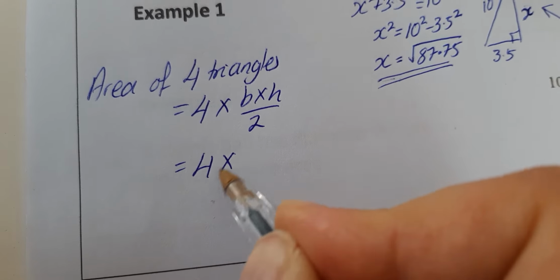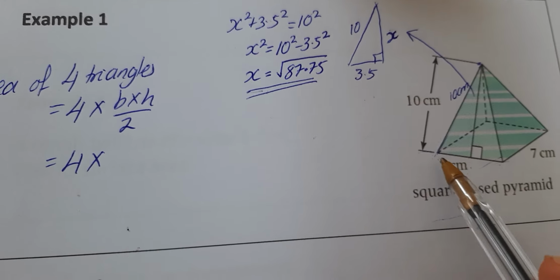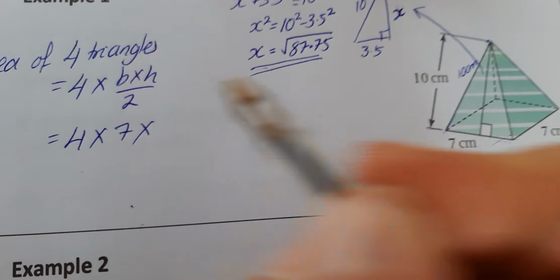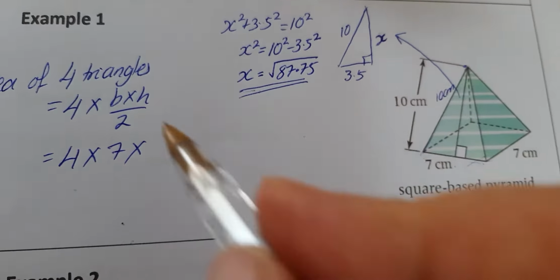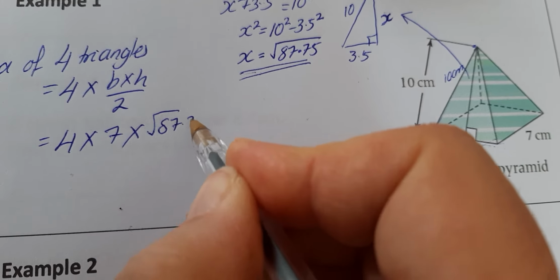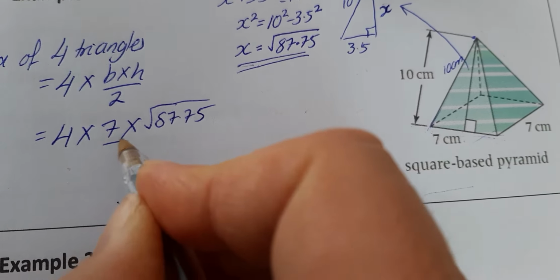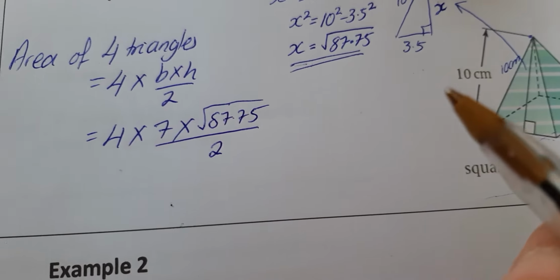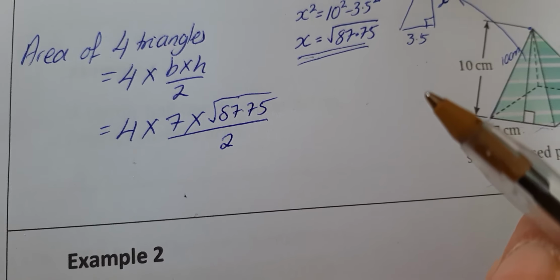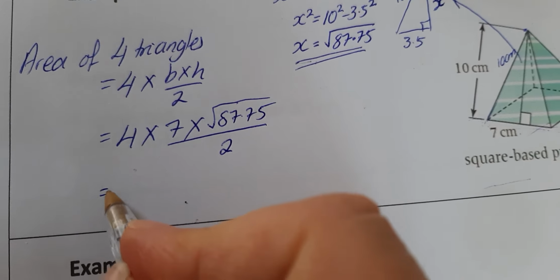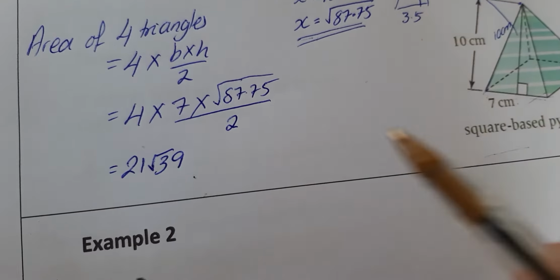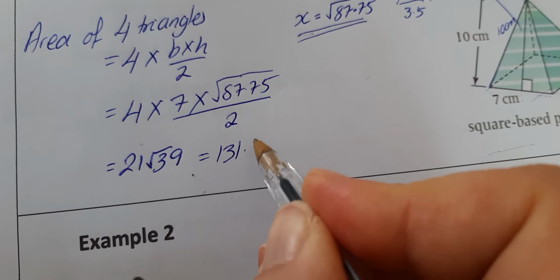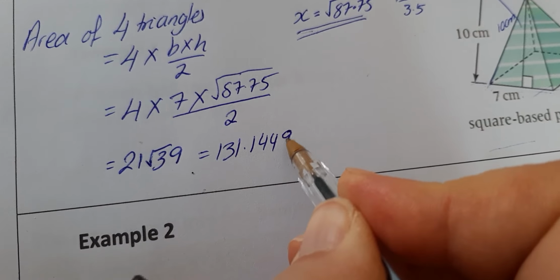So 4 times, well, the base of the triangle is 7, and the height, which I just found, is the square root of 87.75, over 2. And you will find that if you put that in your calculator, it will come to 21 root 39, which as a decimal is 131.144958.